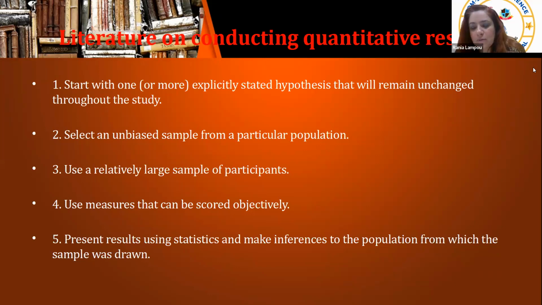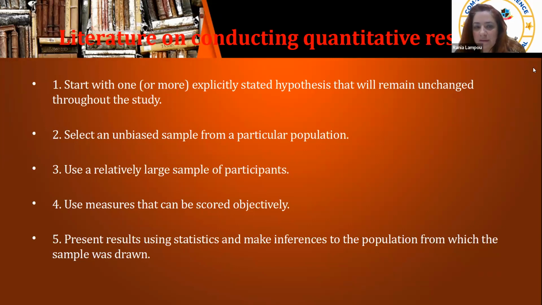First, start with one or more explicitly stated hypotheses that will remain unchanged throughout the study, because the validity of the hypothesis is evaluated only after the data have been analyzed. Secondly, select an unbiased sample from a particular population. That could be, for instance, a simple random sample obtained by drawing names out of a hat, or use a relatively large sample of participants.